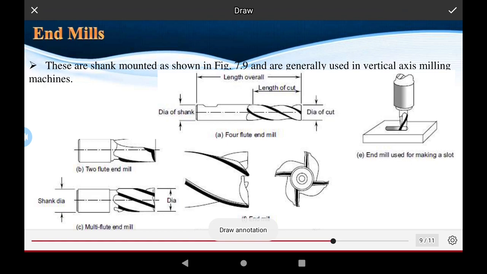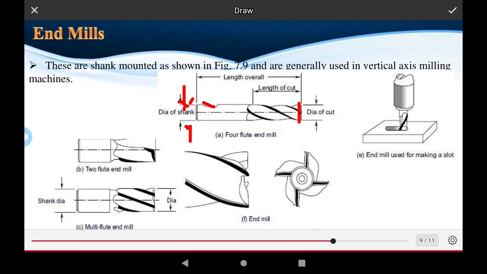This is the shank, and this is the diameter of the shank. This is designed for holding the tool in the head of the tool post.